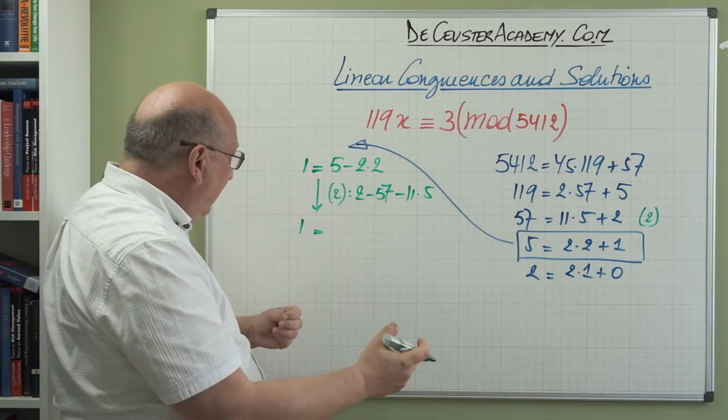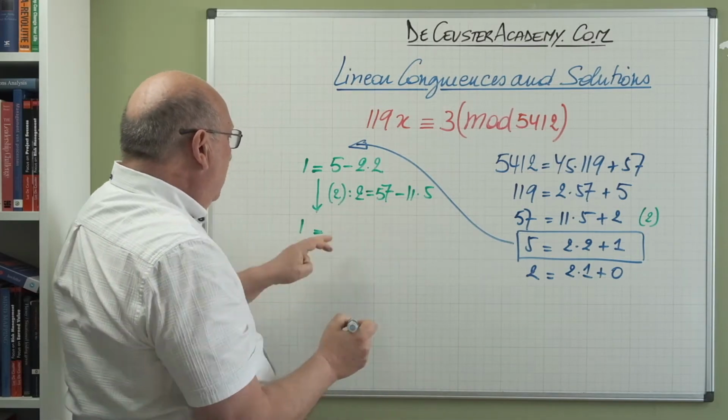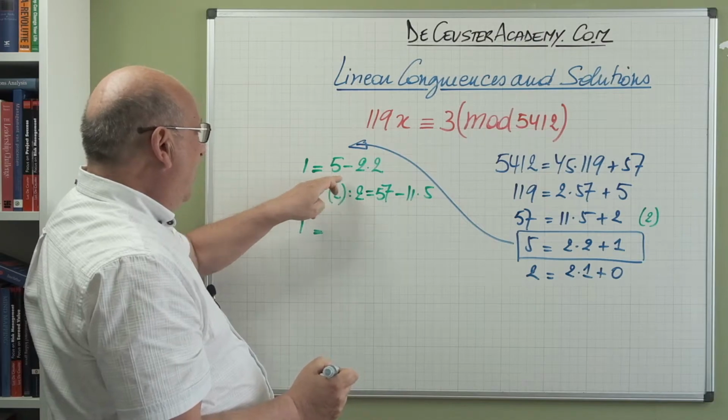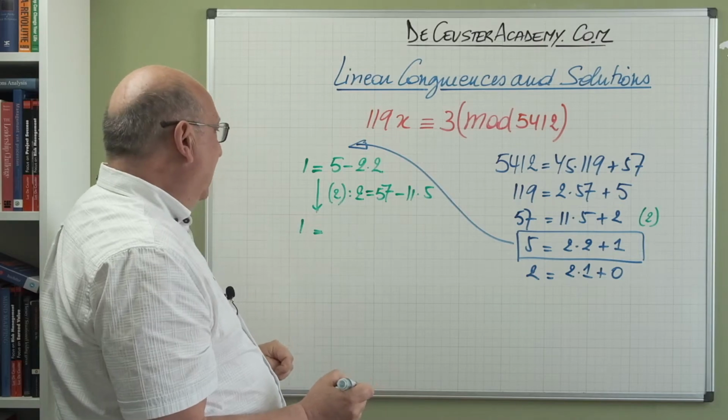I don't have enough space to do all the calculations here, but we find 5 minus 2 times (57 minus 11 times 5).